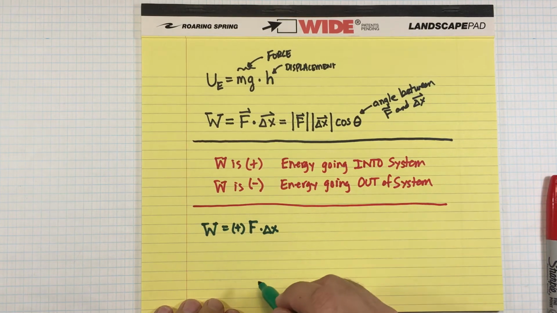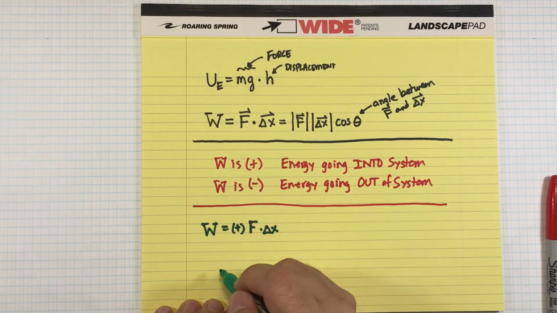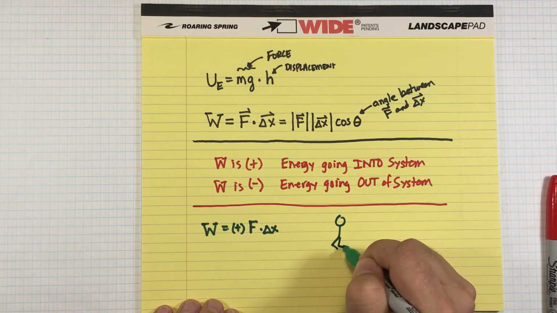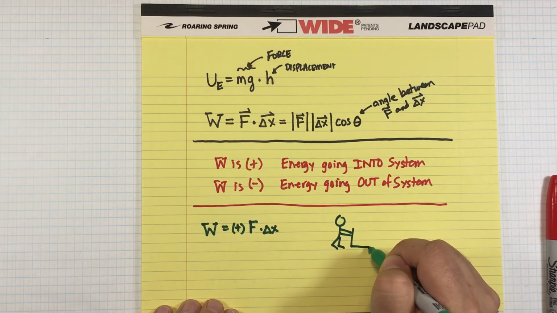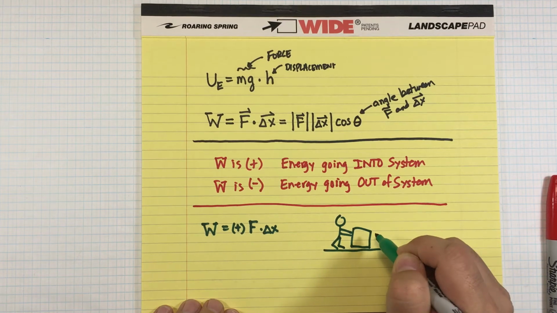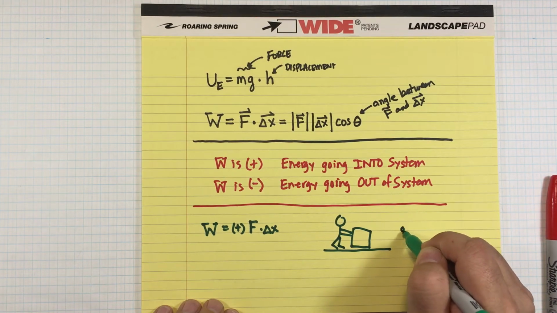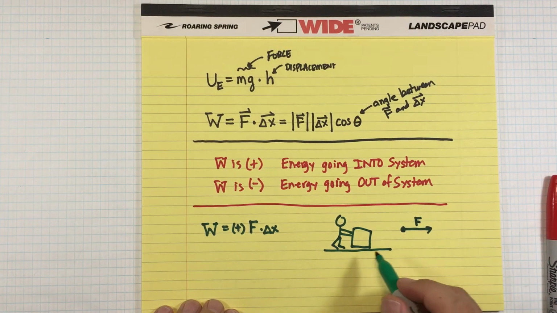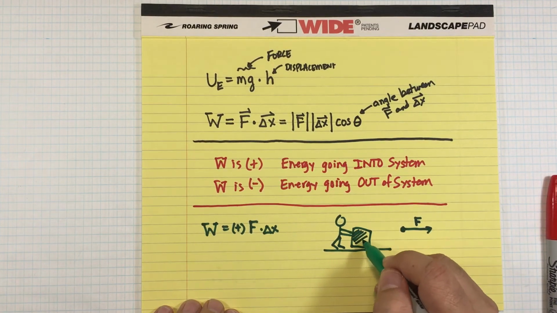So let's think about me pushing the box across the floor. Okay, so if I were to go back to my picture of me pushing the box, okay, so the box has a force that I am exerting on it in that direction. I'm pushing the box across the floor.